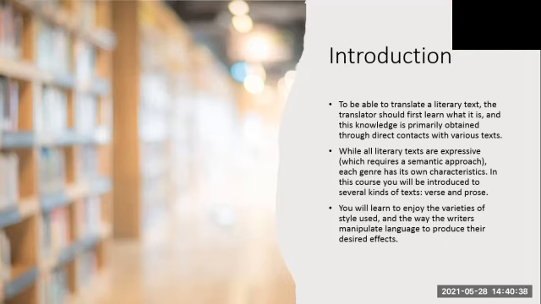So, we agree that all literary texts are expressive texts, نصوص تعبيرية. However, they are not all the same. Each genre has its own characteristics. And in this course, you will be introduced to several kinds of literary texts, mainly verse, what we call poetry, and prose.